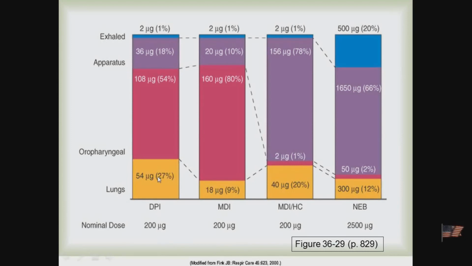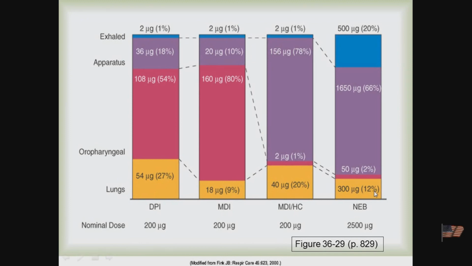This is looking at a dry powder inhaler, a metered dose inhaler, and a metered dose inhaler with something called a holding chamber, and just a small volume nebulizer. And this orange here is the portion that is deposited into the lungs. You can see a dry powder inhaler is probably your best bet as far as administration.